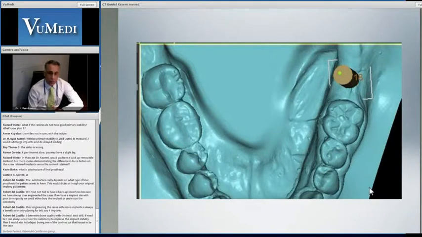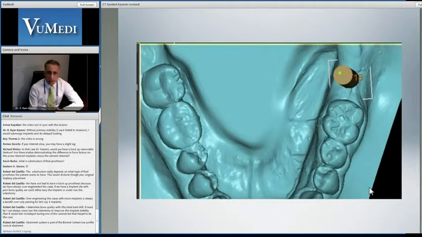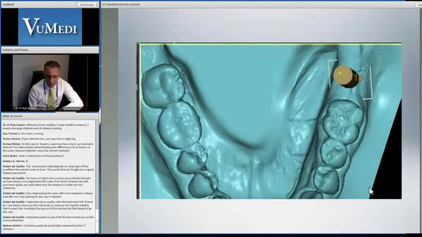If we move the implant toward the buccal and make it more aligned with the occlusion, then we will have a perforation through the lingual plate. So now that we know this, the restorative dentist and myself know the limitations. We're going to place the implant in this position, realizing that we're going to correct it using a customized abutment and ultimately put the restoration exactly where we want. So this is with a plan and intention.